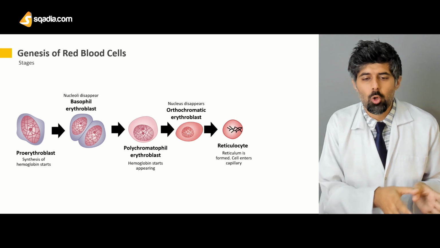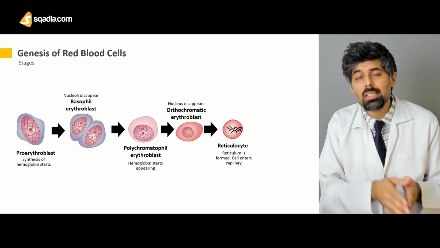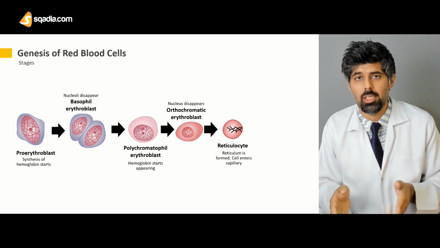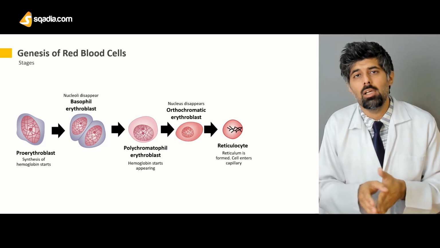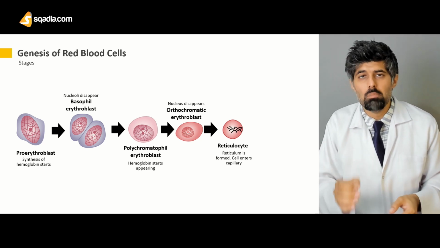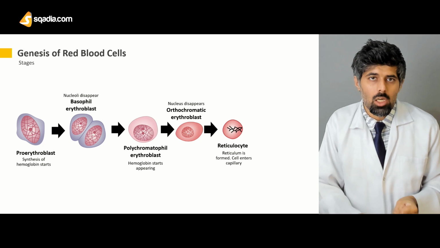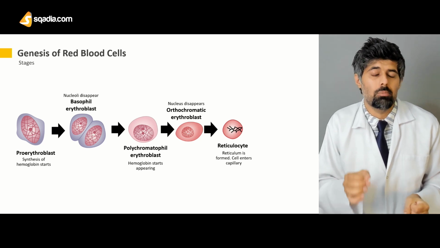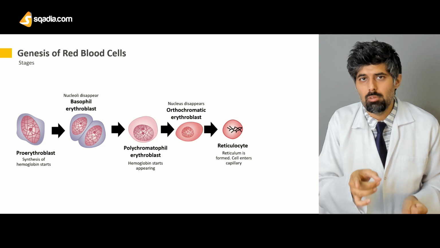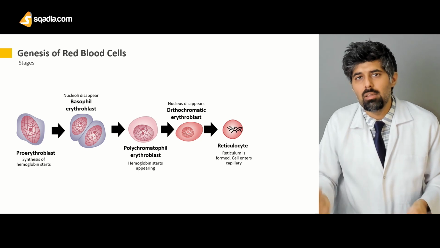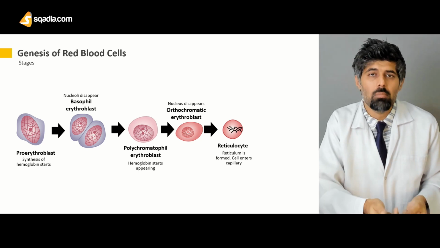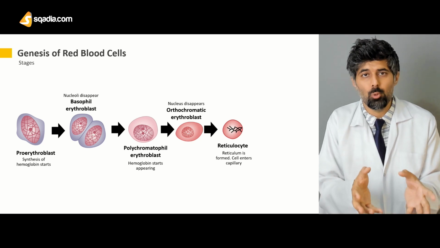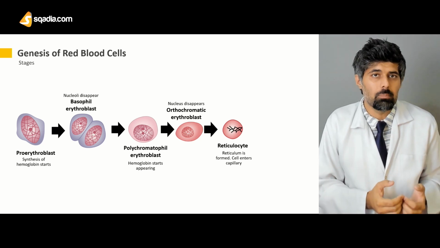Now, this orthochromatic erythroblast then turns into a reticulocyte. The reticulocyte is also known as an immature red blood cell. It is known as the immature red blood cell because it is this reticulocyte which is then transferred from the marrow, or the site of the erythropoiesis, into the bloodstream.